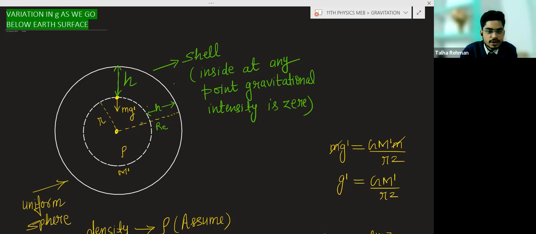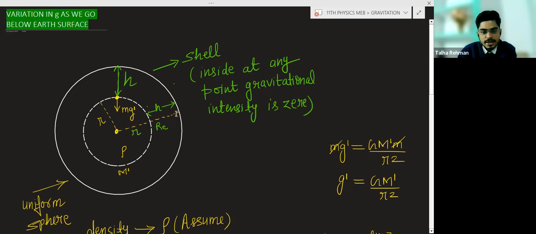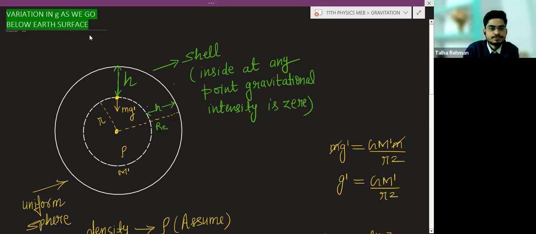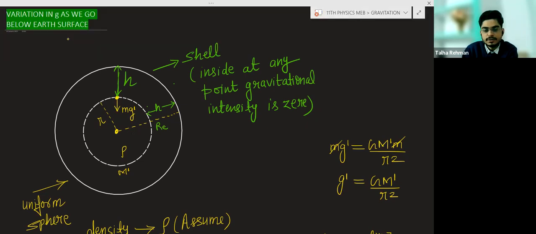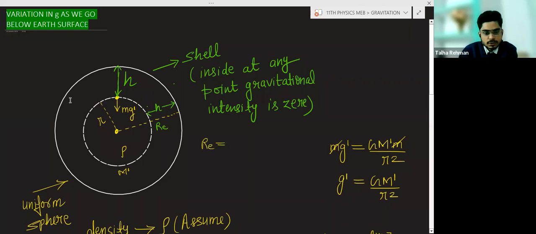This is small r, this is smaller, and this whole value is radius of the earth. So can I write this radius of the earth is equal to this r plus h?